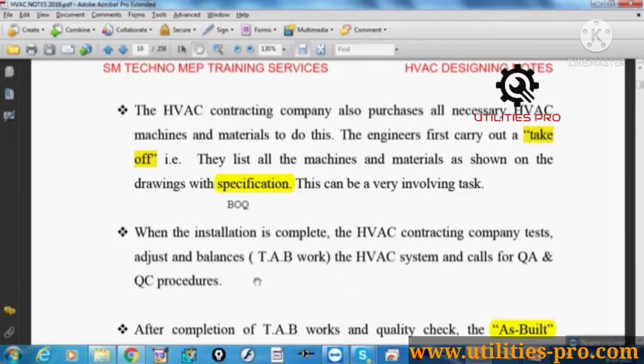The HVAC system then calls for the QA and QC department. QA is quality assurance and QC is quality check, and this QA and QC department is from your own contracting company first. Because as a contracting company, when you are taking the project, it is your company's responsibility to verify the work on site.